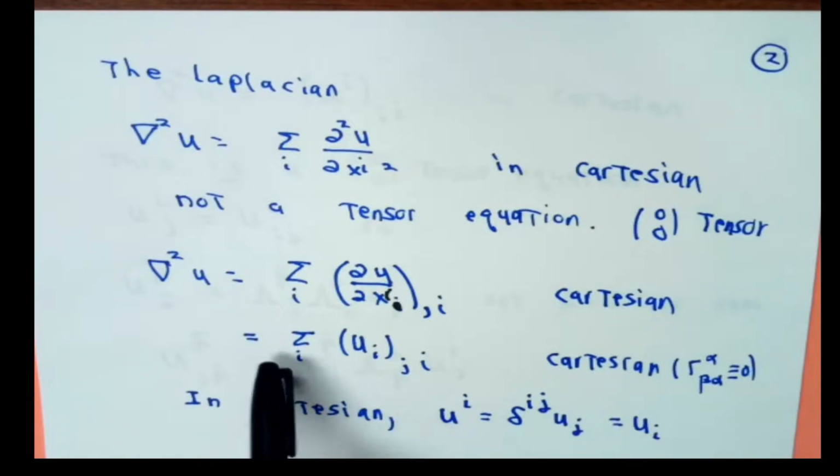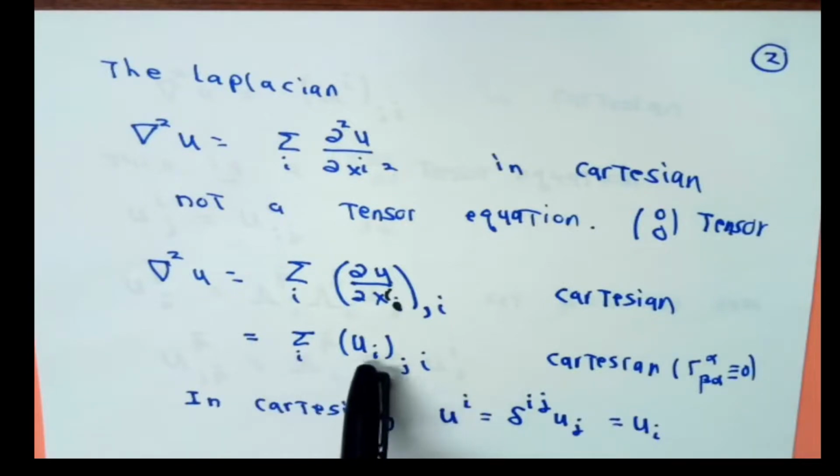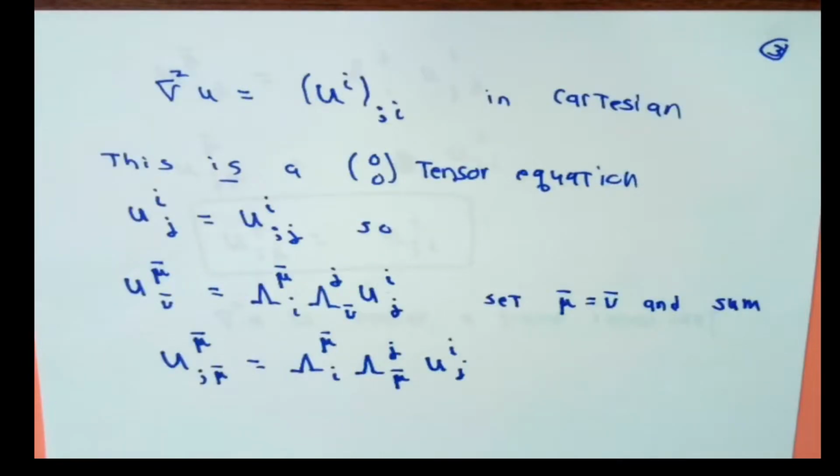So in this formula, I'm going to write, instead of u with the i downstairs, u with the i upstairs. Since one index is upstairs and the other downstairs, I can now use the Einstein summation convention. This is a 0,0 tensor equation. If it's true in one coordinate system, it's true in all coordinate systems.